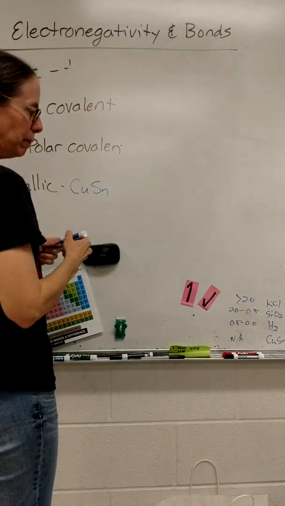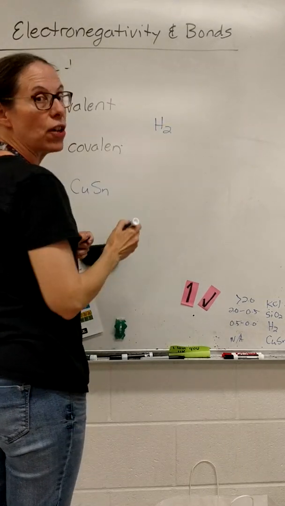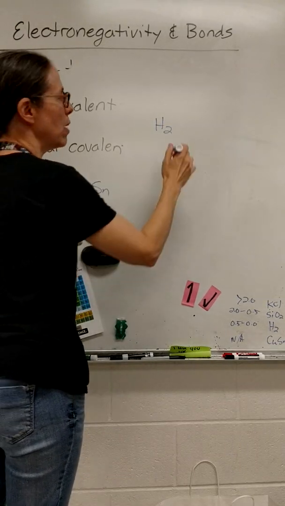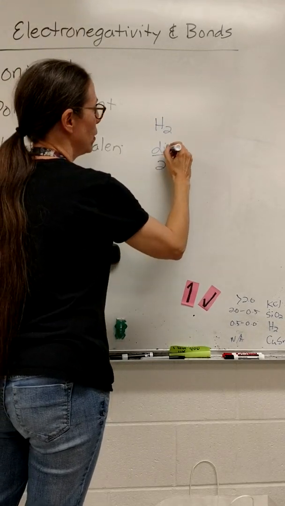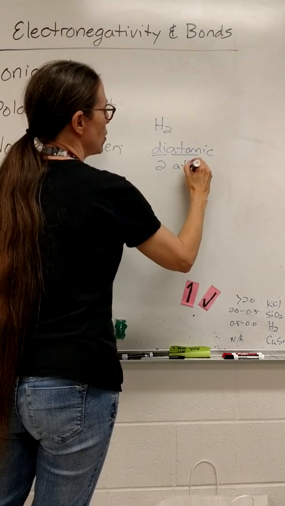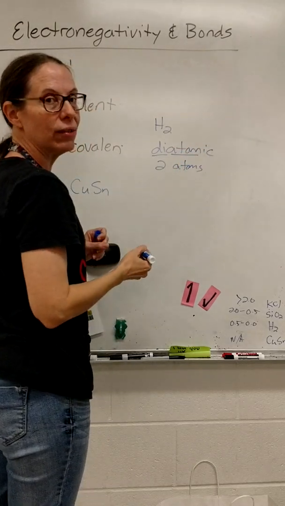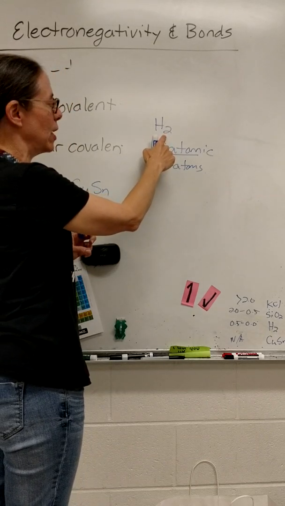Let's look at another one. Let's look at, say, diatomic hydrogen. And just in case you haven't run into that term before, di just means two. So diatomic means there's two atoms. That's all. Diatomic hydrogen. It gets lonely. It likes to hold hands with another hydrogen atom.